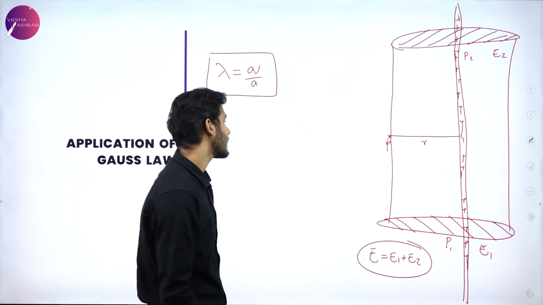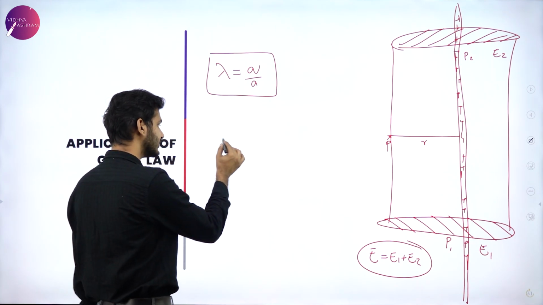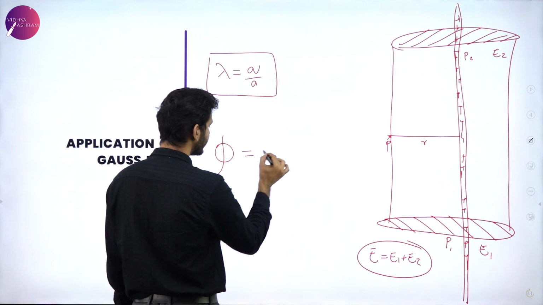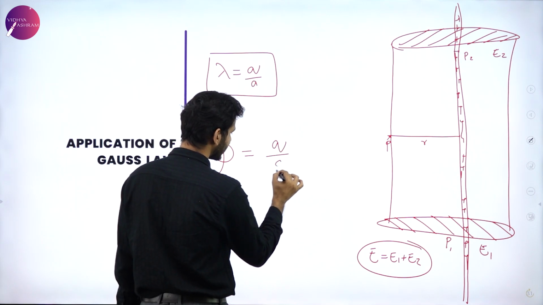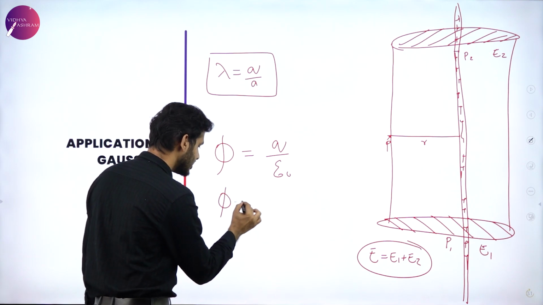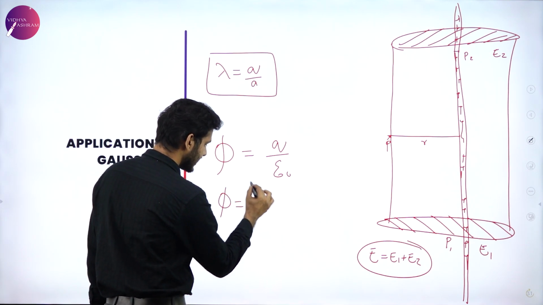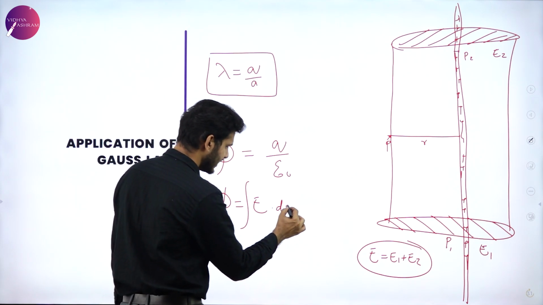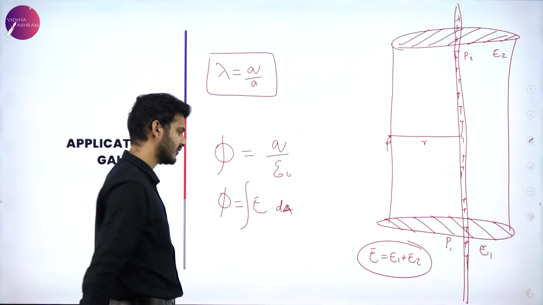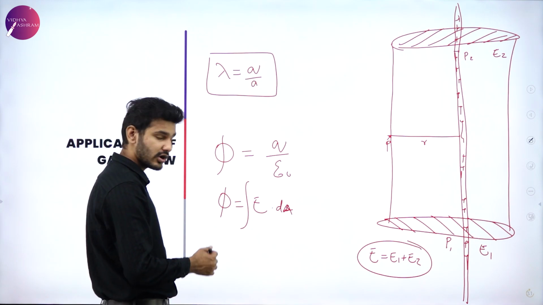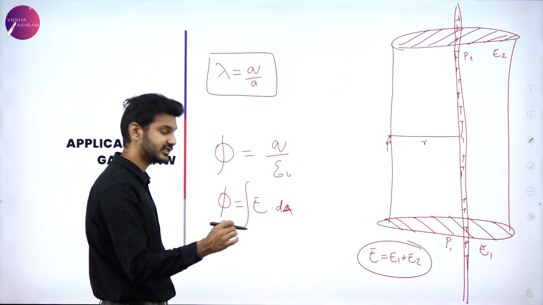Just keep it there. We know that Gauss's law is given by phi equal to Q by epsilon naught, and phi is also equal to the integral of E dot dS, or dA. We'll take dA because it's area. For Gauss's law, it has to be a closed surface.